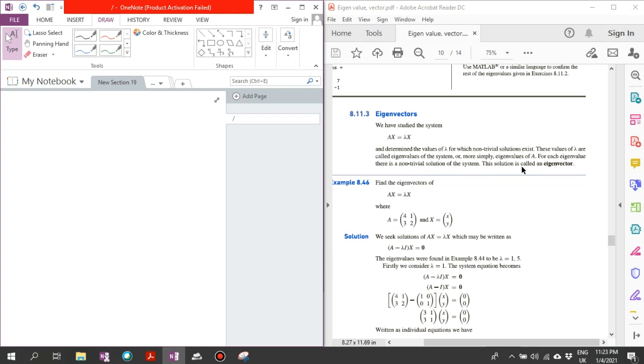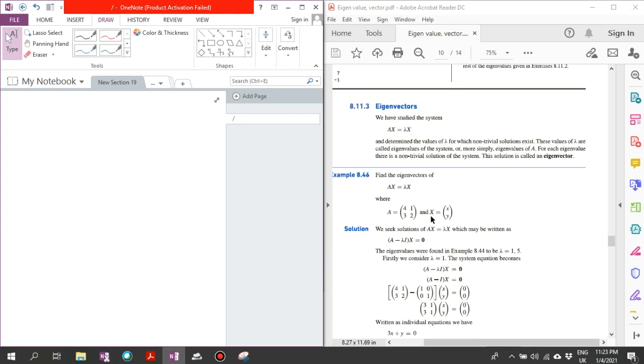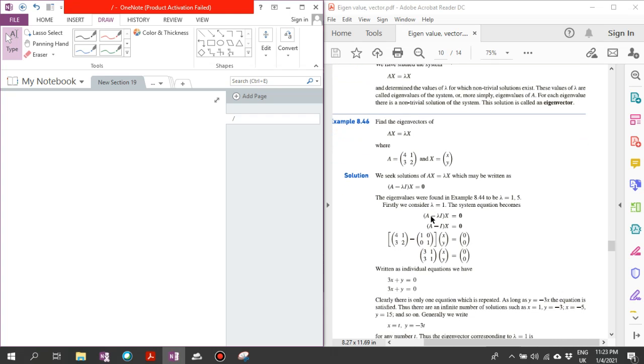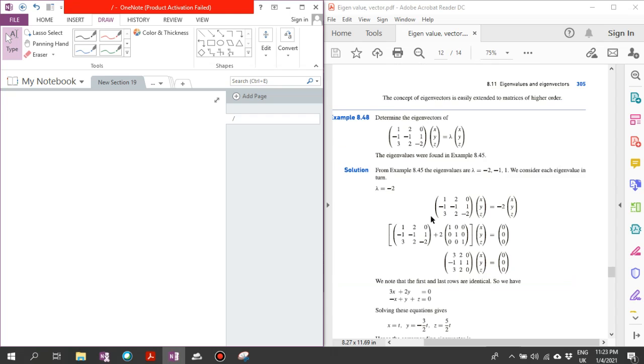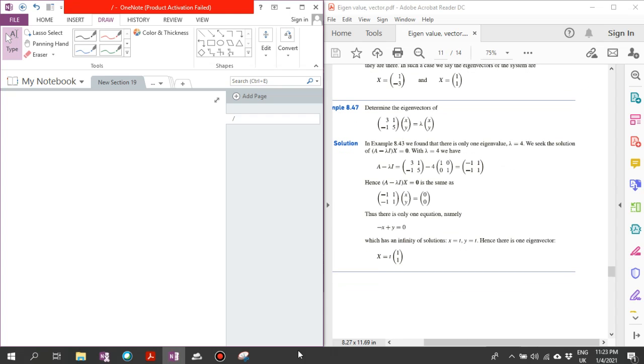For each eigenvalue there is a non-trivial solution of the system. The solution is called the eigenvector. So lambda is an eigenvalue, and the solution of that equation we call an eigenvector. For example, we go to this example.